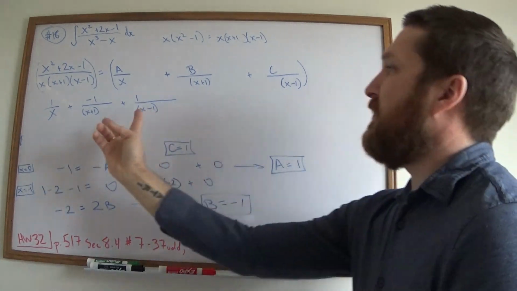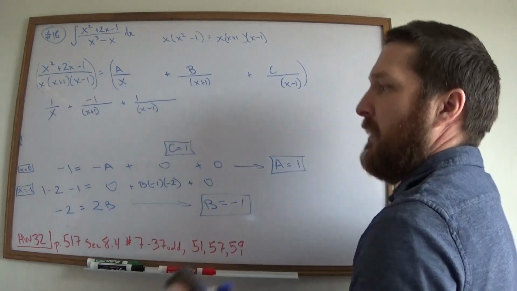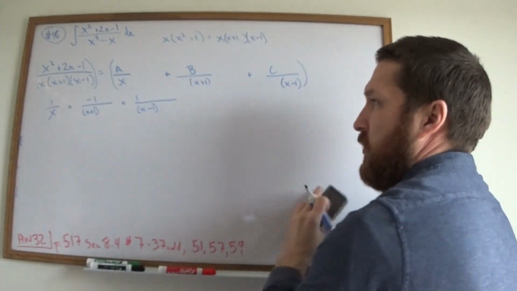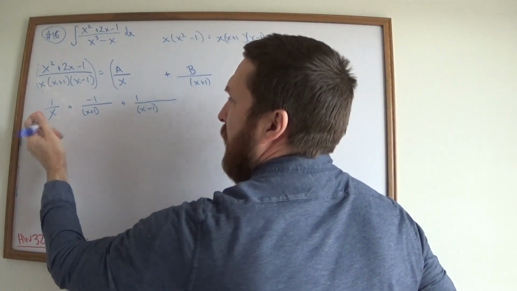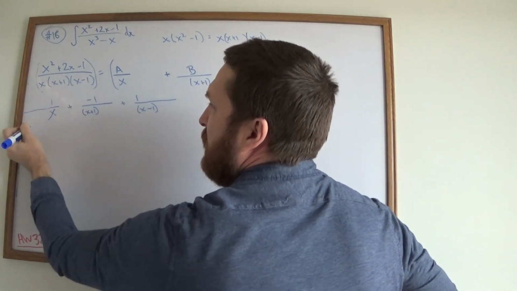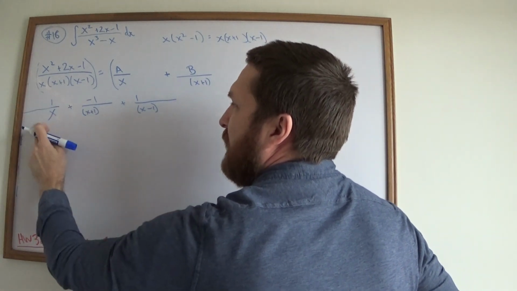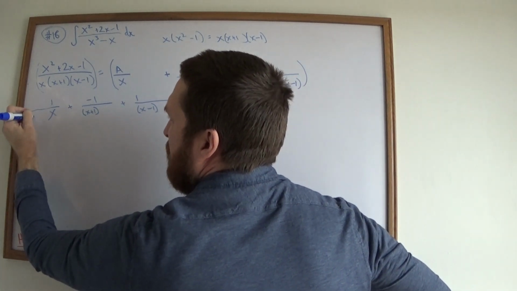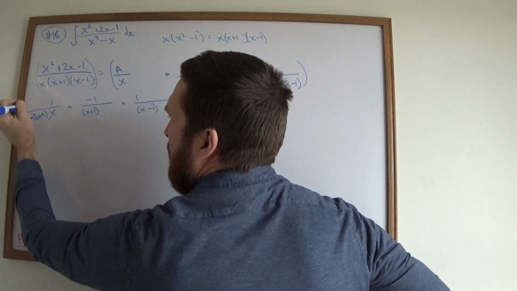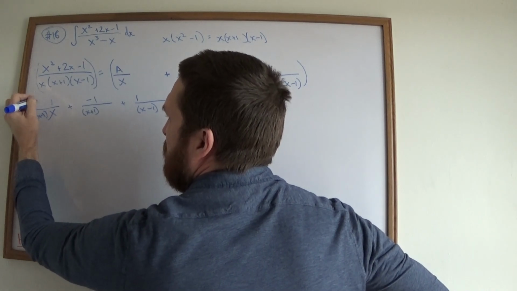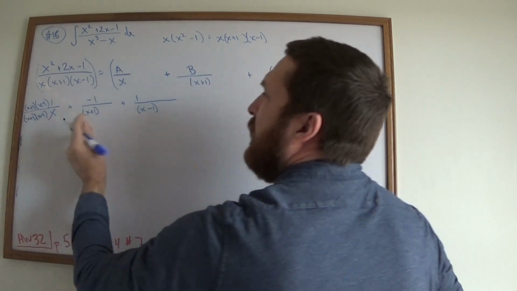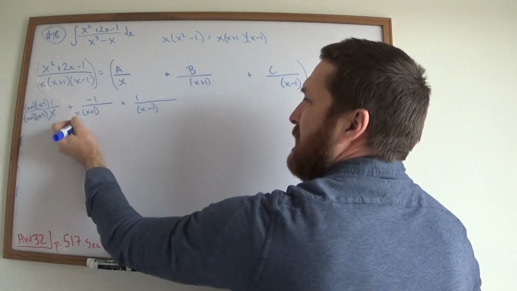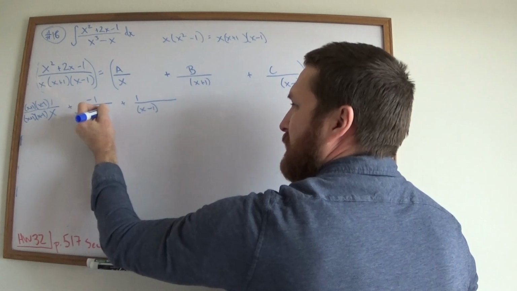Now, in order to turn this thing into that thing, I need a common denominator. So multiply the top and the bottom. Let's give myself some room right here. The thing that I'm missing here is x plus 1, x minus 1. So x plus 1, x minus 1, can't change it, gotta do this. The thing I'm missing here is an x and an x minus 1.